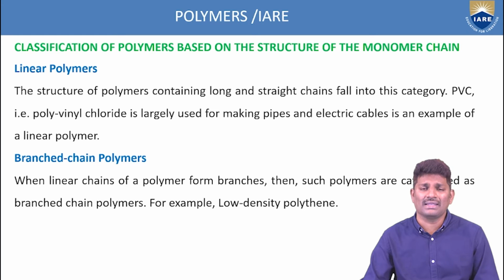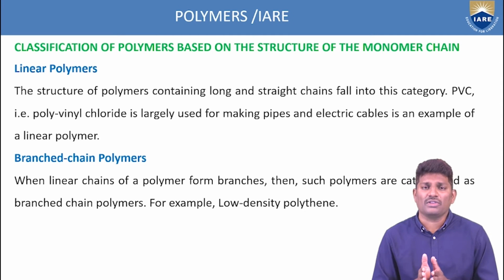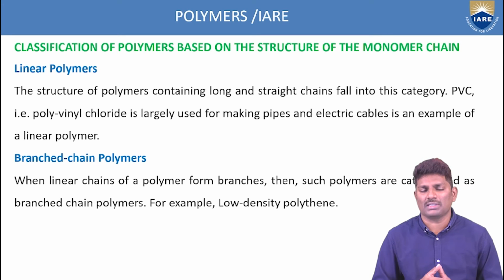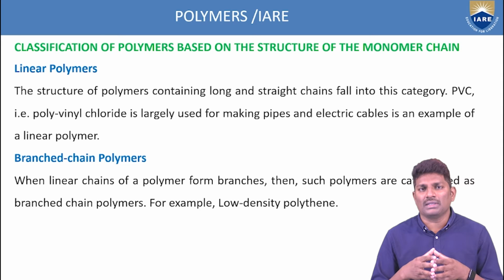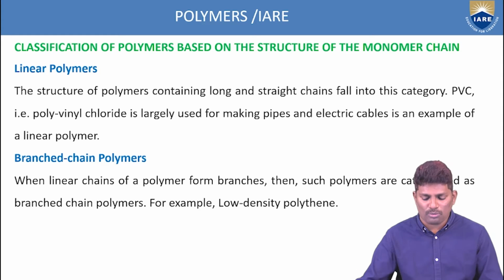The second category is the branched chain. Again, in the name itself you have to identify how the shape of the monomer chain varies. It is a branch type. Wherever the linear chain of a polymer is there, this linear chain is trying to form into branches. What linear polymer did we see in the first category? If this linear category is slowly trying to form into some branches, then that type of material comes under the branched chain polymers.